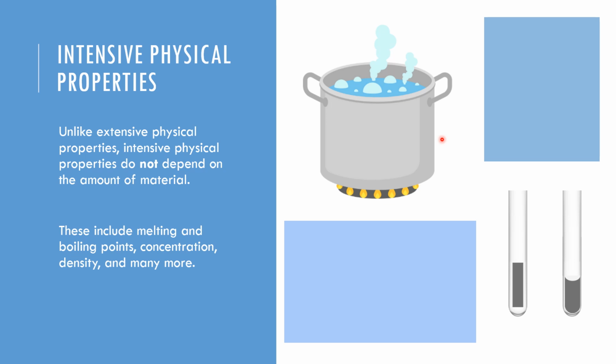When we get into our gas laws unit, we'll talk about how boiling point and things like that can change. But for right now, we're just going to say that water boils at 100 degrees Celsius. We're going to make that assumption that it's at 1 atmosphere. It doesn't matter if I have a pot this big or even a very tiny mug of water. Both those amounts of water will boil at 100 degrees Celsius.